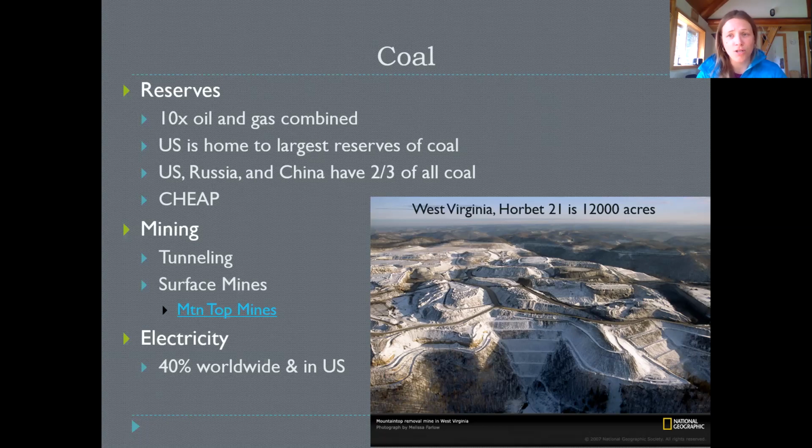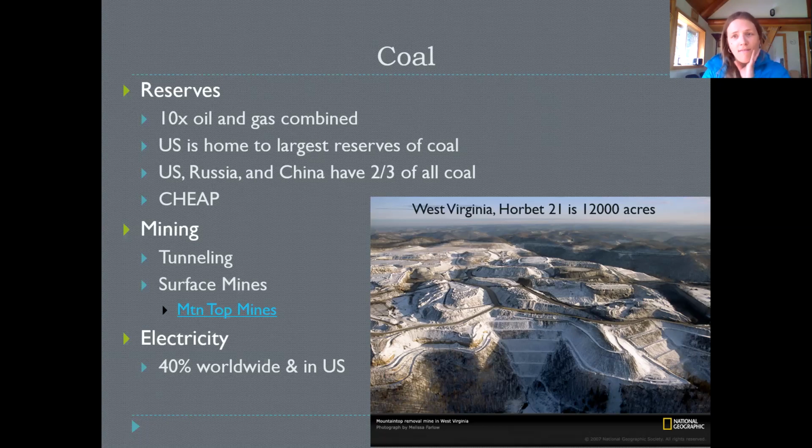It's also cheap if we don't consider all the downstream costs, or what economists would call externalities or externalized costs, and the negative impacts of all the atmospheric pollution, et cetera, that's associated with the use of coal. But on a very basic level, it's just a cheaper thing to buy and use to create electricity compared to the other fossil fuel and energy types.